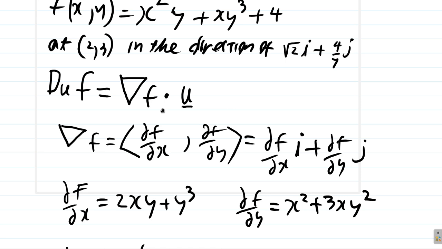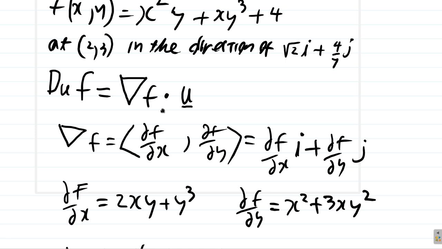So it's going to be the dot product between the gradient vector for the function and the unit vector. So you find the gradient vector, the partial derivative of the function f with respect to x and with respect to y.